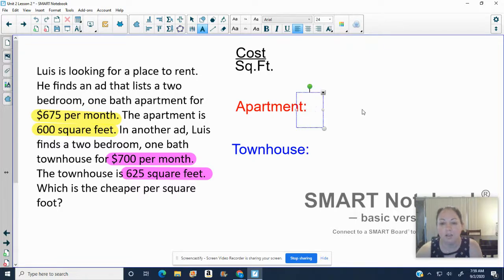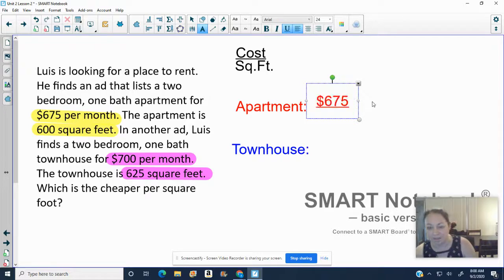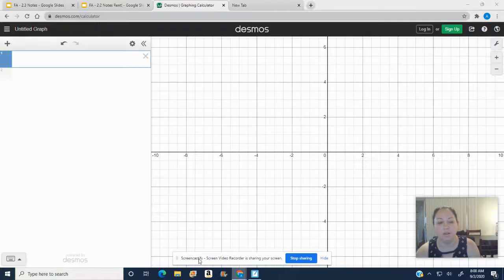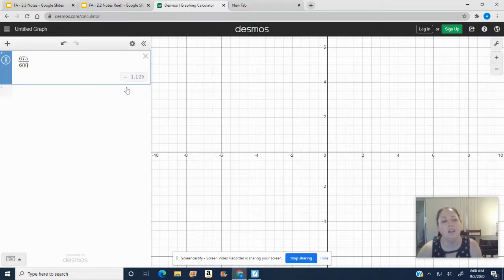We are going to find the cost per square foot for the apartment. That's what I highlighted in yellow. It's $675 a month, and to set that up, I am going to divide 675 by 600. So I'm going to go over to my calculator and set up 675 divided by 600. And it looks like that is going to be 1.125.